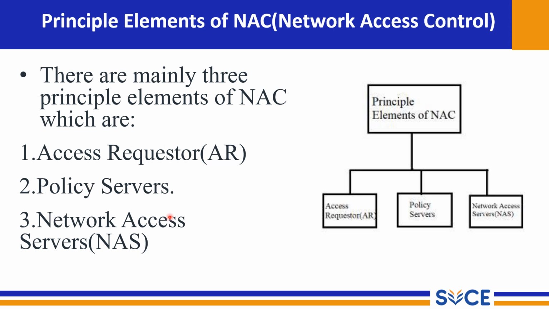Next one is the policy server. Here, the policy server analyzes what access should be provided to the AR based on the AR's identity, permission level, attempted request, and the organization's established access policy. The policy server frequently relies on backend services such as antivirus, patch management or user directory to function.